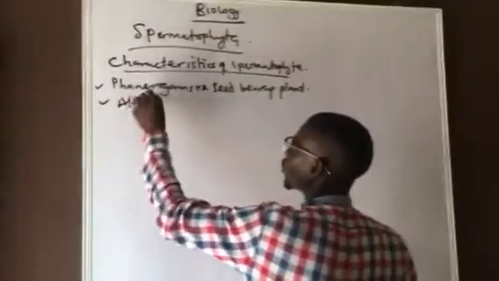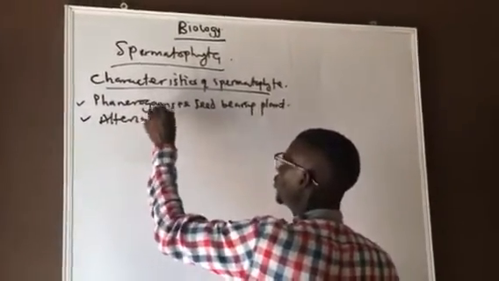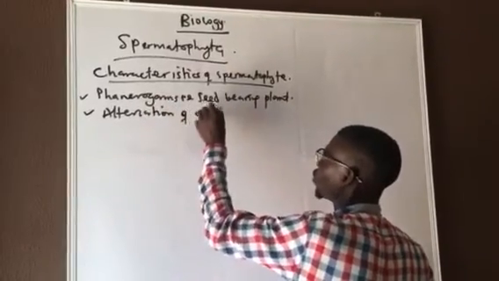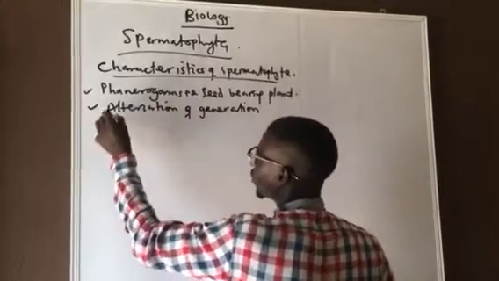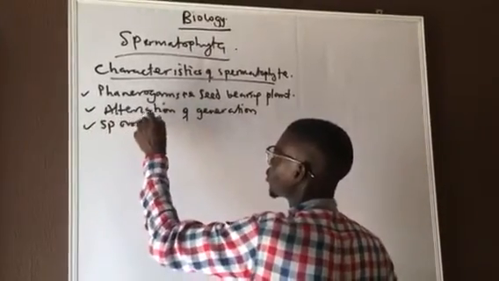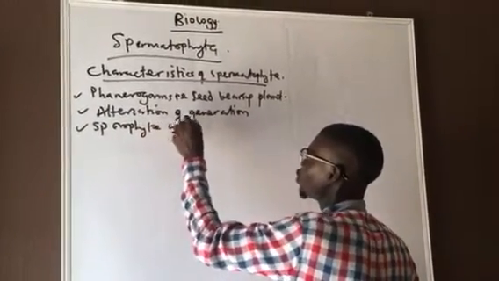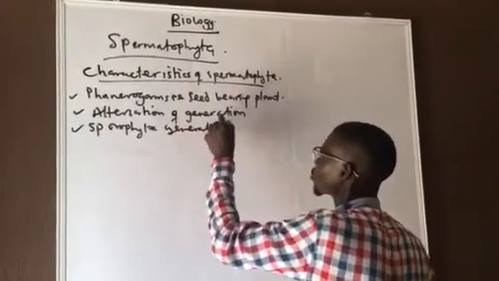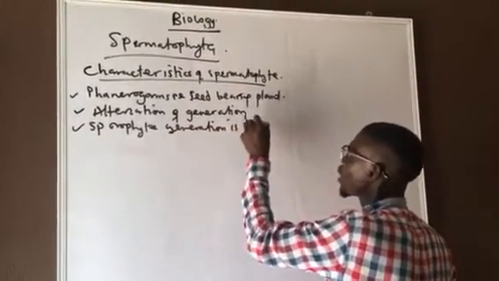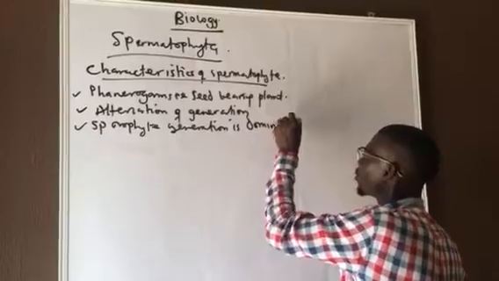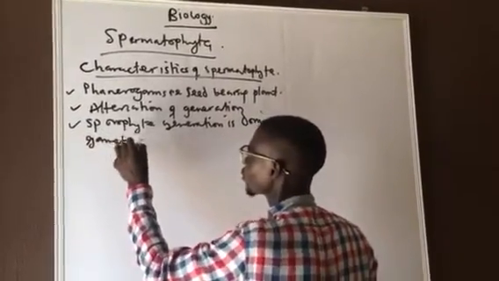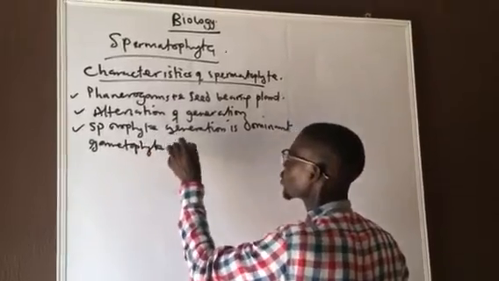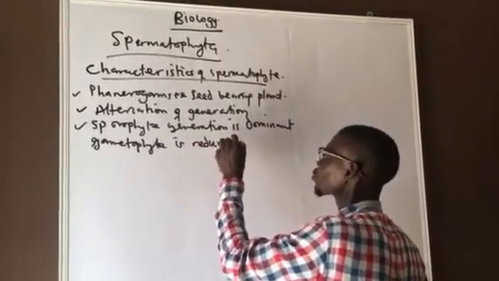Alternation of generation, but their sporophyte generation is dominant, while the gametophyte is reduced in this group.